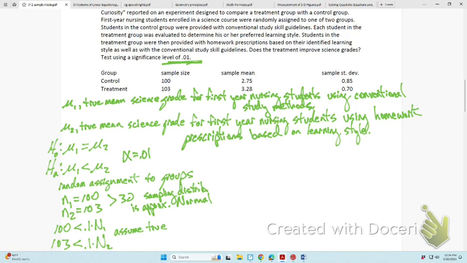All right, we're going to run the test on the calculator. We're doing a 2-sample t-test. Make sure you write down all the statistics that it outputs. We're writing those two things, the 2-sample standard deviations. We're writing down T, DF, and ultimately we are writing the p-value.